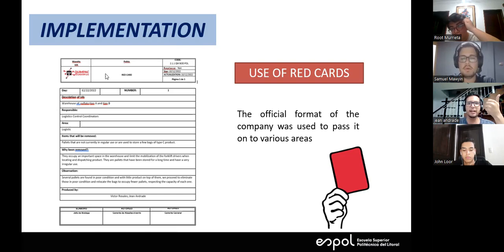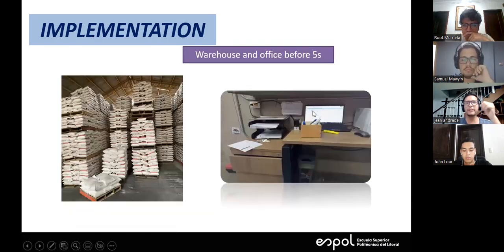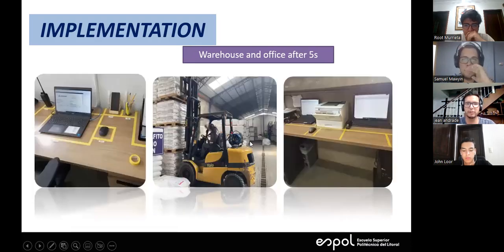Here we can see an official format for the company from Kimpact. Here we can see not only the warehouse, also the office. Before we implement the 5S methodology, we can see a lot of disorder in both locations.